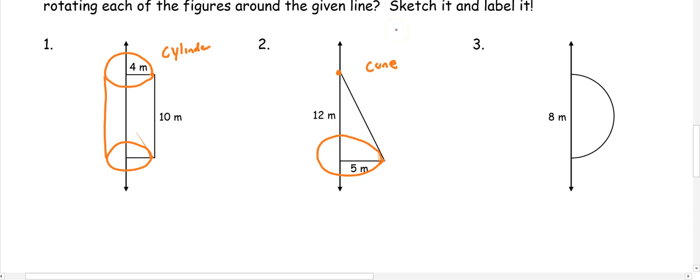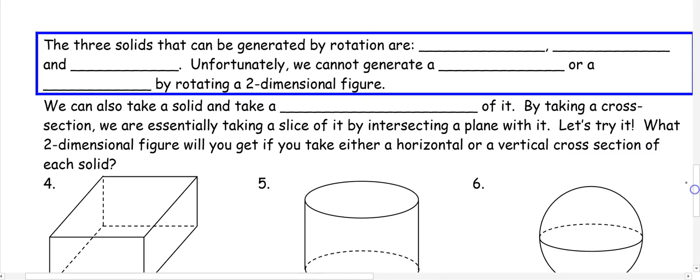The last one is a semicircle that when I rotate it around is going to create the other half, which looks like a ball, which creates a sphere. So the three solids that can always be generated by rotations are cylinders, cones, and spheres.